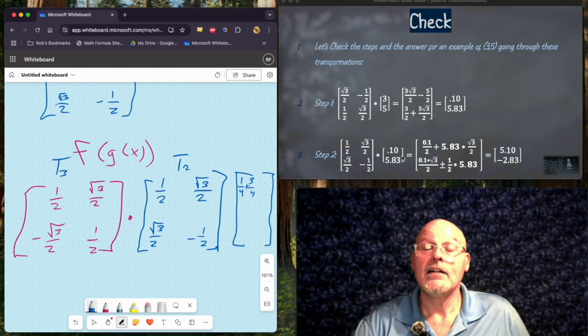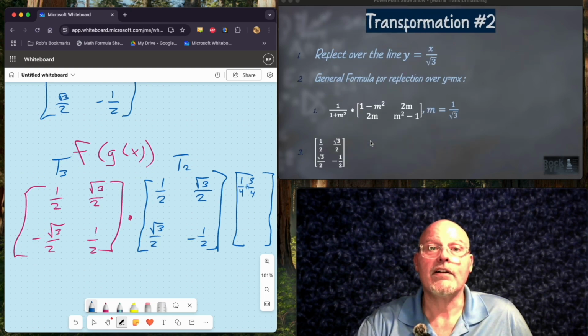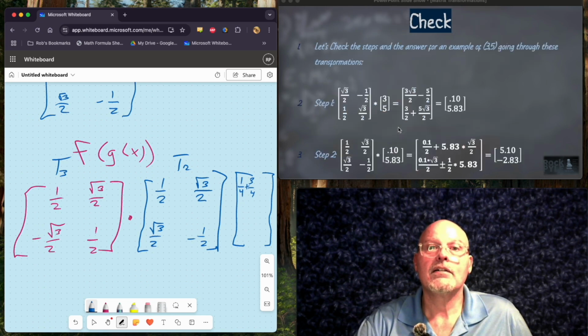Now I apply the second transformation, which is the reflection over the line, and my transformation number 2, 1/2, negative 1/2, and root 3 over 2 both places here. Right, negative 1/2, root 3 over 2 times 0.1.